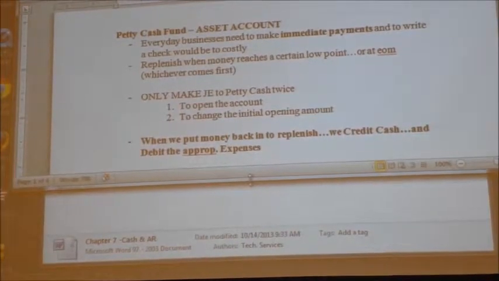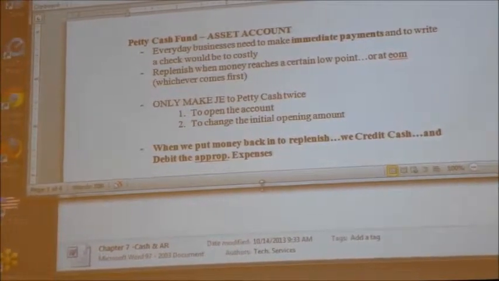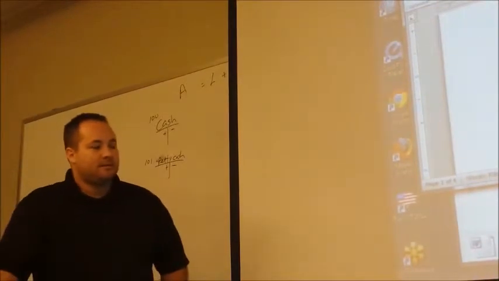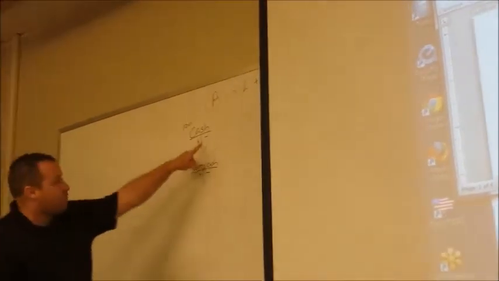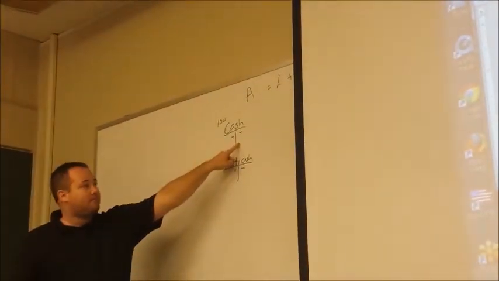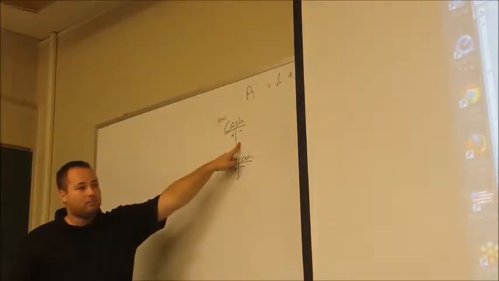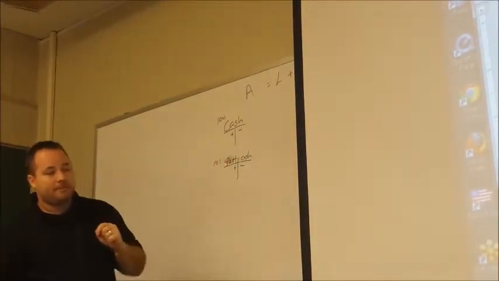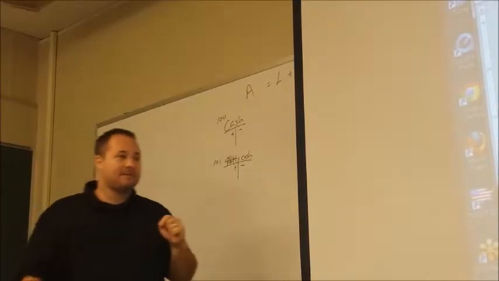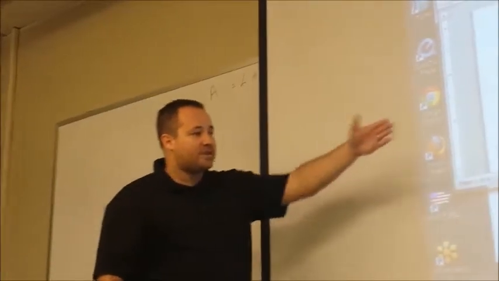No, what we do at the end of the month or when we replenish, we go down to the bank, withdraw some money, and when we go to the bank and we withdraw the money, I need to credit my bank account. And the debit is to whatever I spent that money on.